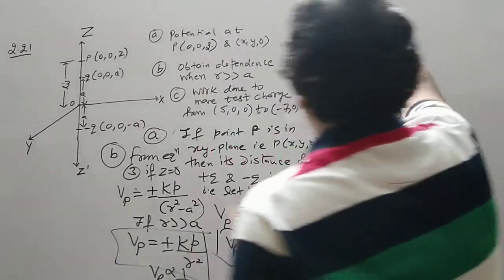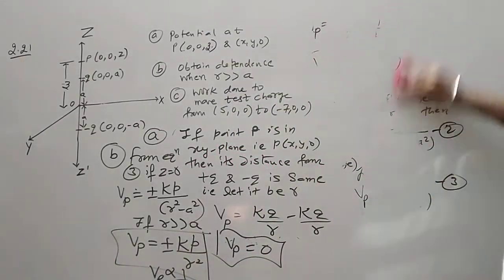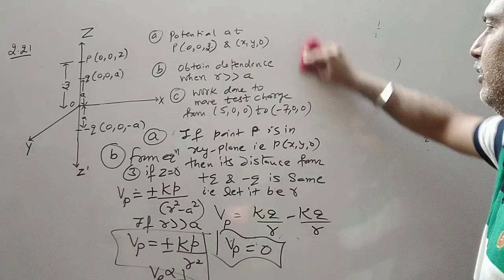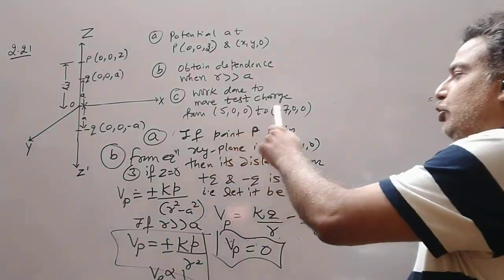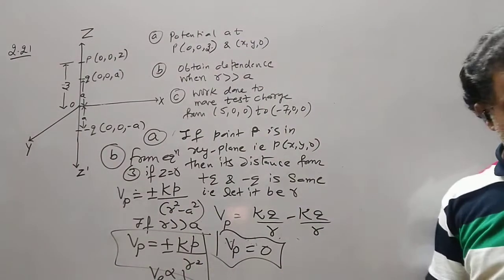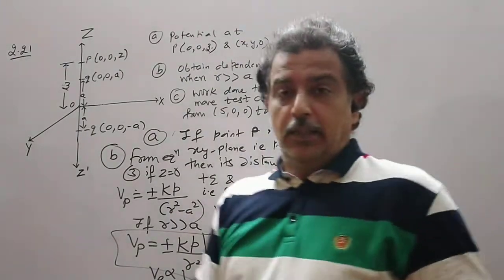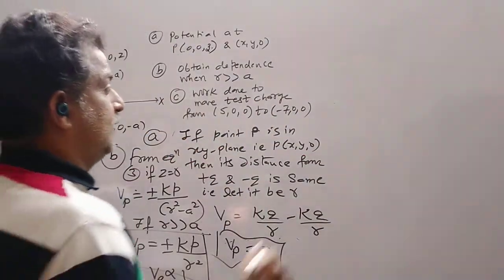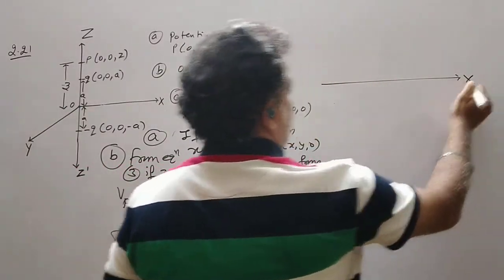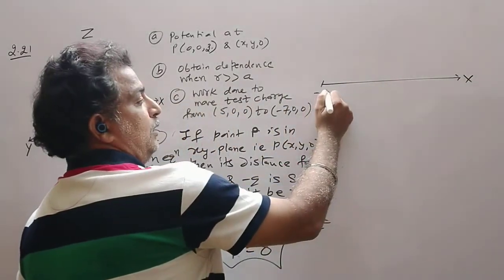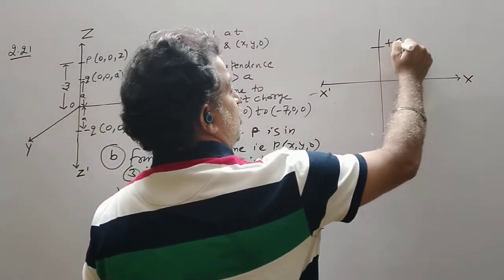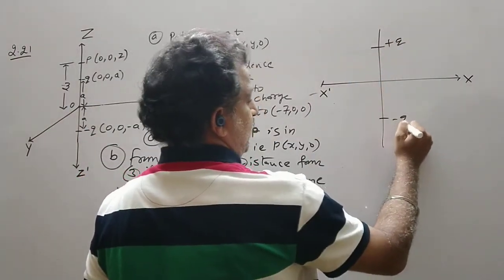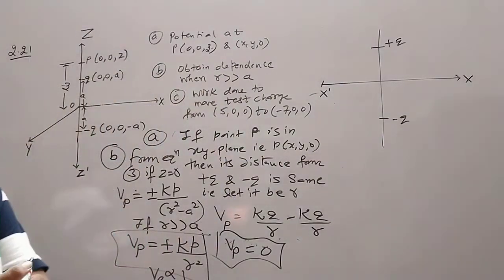Now see the third portion. It is given that we find the work done to move a test charge from (5, 0, 0) to (-7, 0, 0). You are moving along the x-axis, and the sources plus q and minus q are along the z-axis.